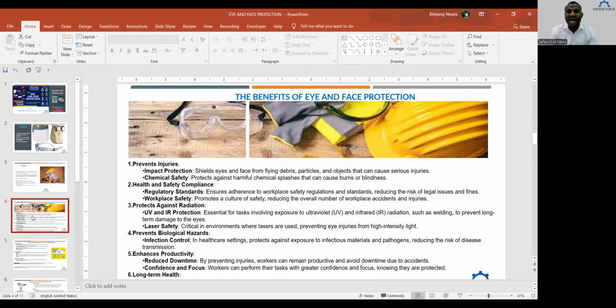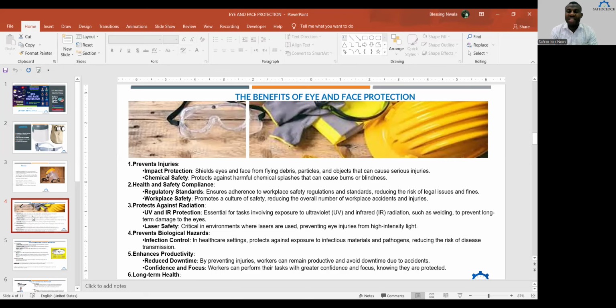Certainly, standard eye and face protections are produced in a way that they can withstand certain objects and certain things that will cause injury to the eye or to the face. So by preventing injury, it protects us from impacts. It protects us also from chemical splashing or any burns that can happen to the face.